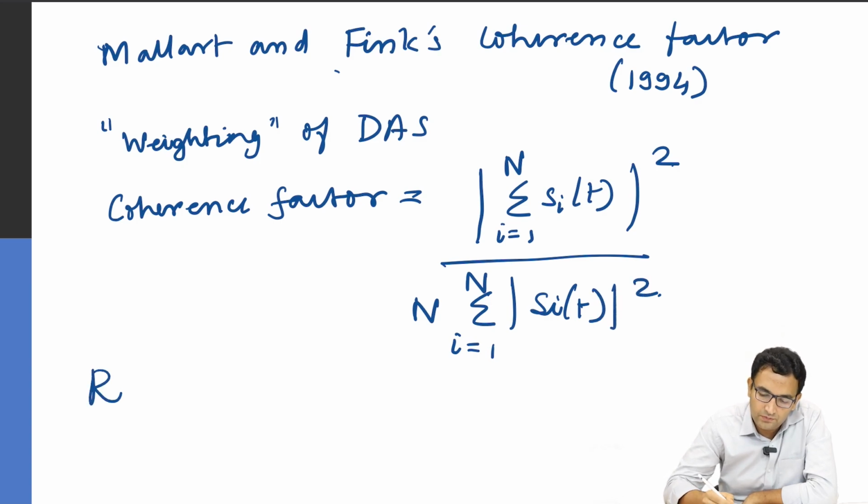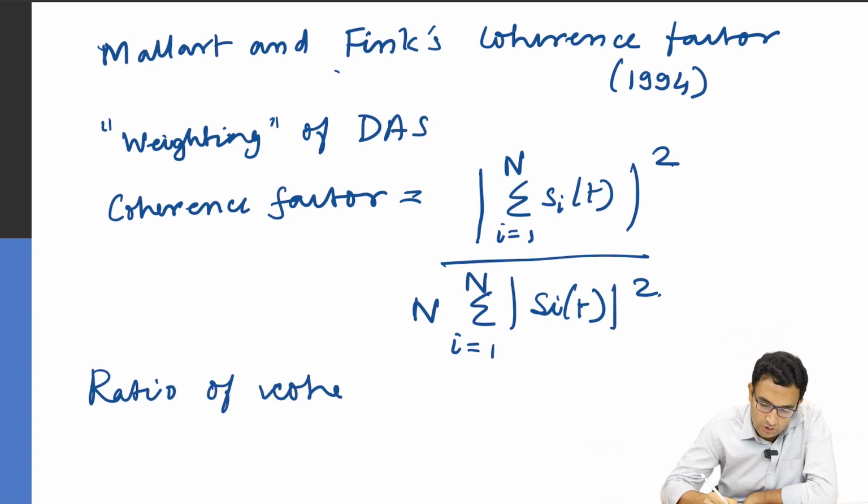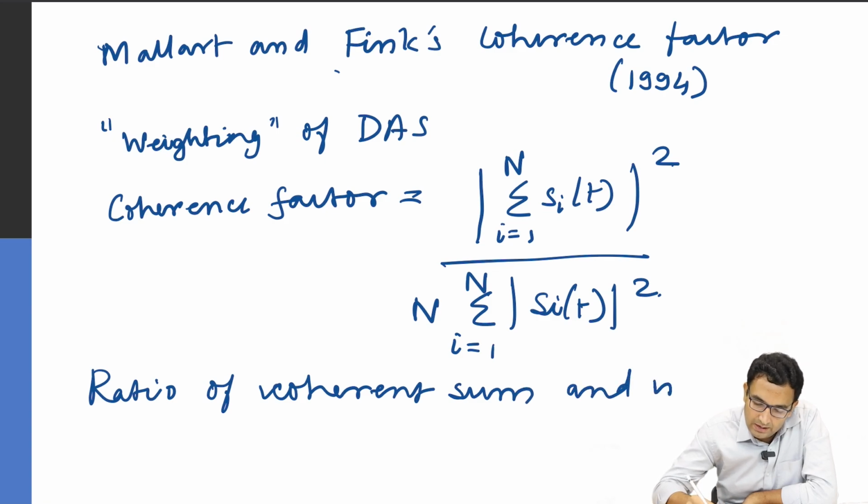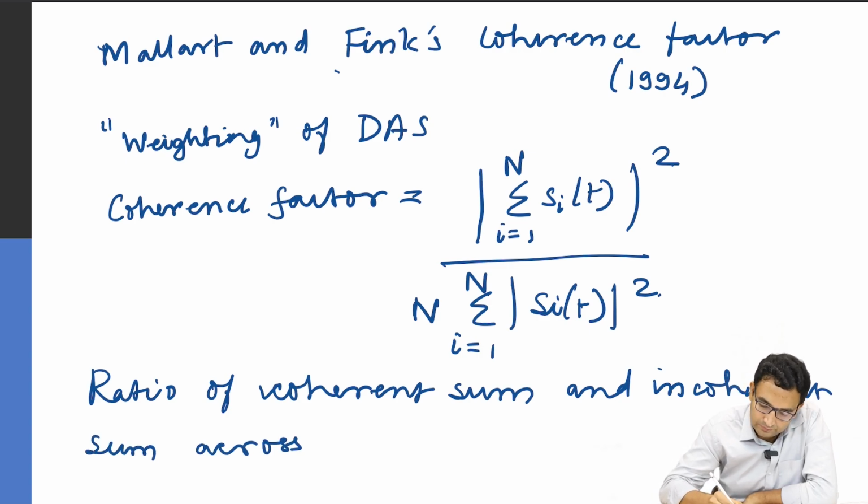So if you look carefully, it's a ratio of coherent sum and incoherent sum across the array elements.